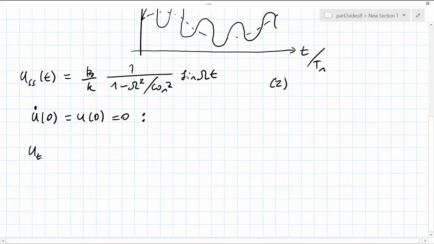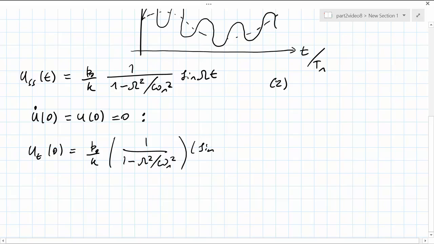then our transient component is equal to p naught over k times 1 over 1 minus the forcing frequency squared divided by the natural frequency squared, times sine capital Omega t minus capital Omega over the natural frequency times sine the natural frequency t.